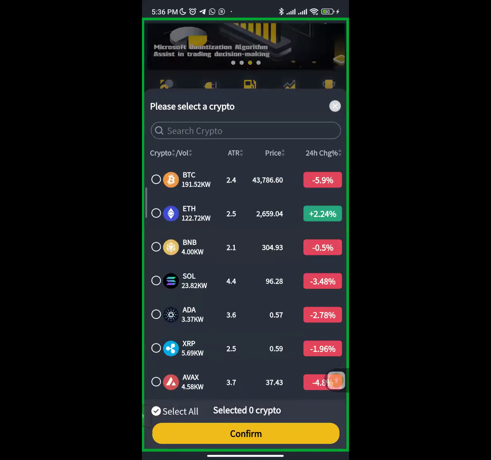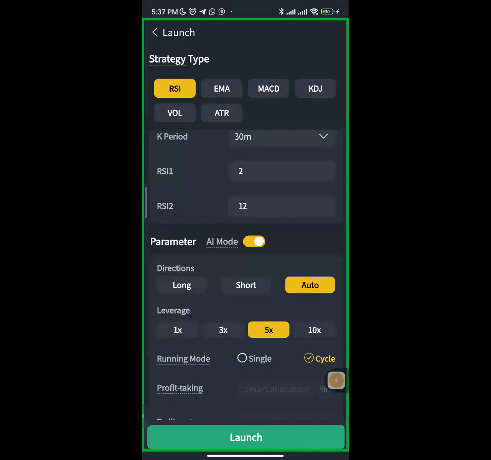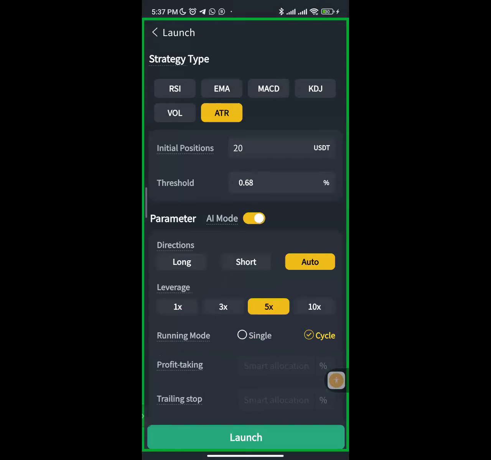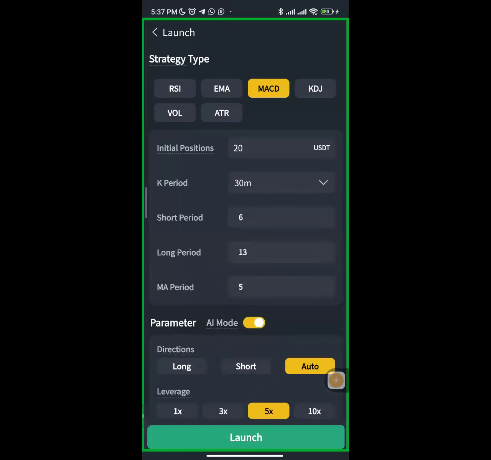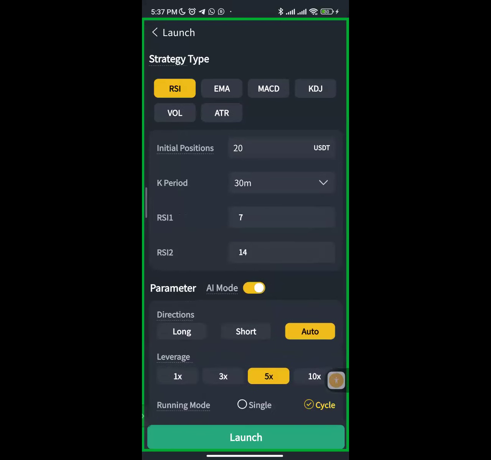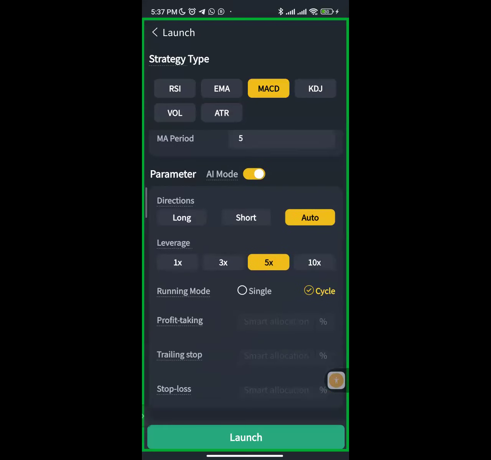Okay, so when it opens up, you pick a coin accordingly. Now you can see there are so many strategy types here. There's so many of them. Once you pick them, put in the right parameters, and you start to trade.